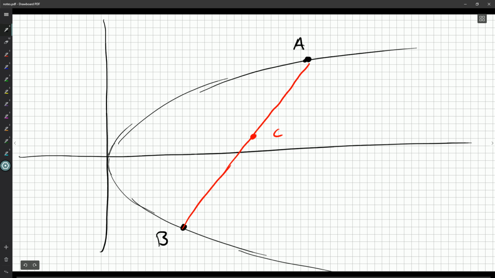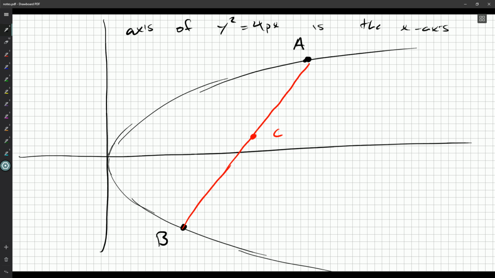Now, one of the nice things, and we should probably note this, the axis of y squared equals 4px is the x-axis. Okay? I would say it's clear. You can draw a picture, and that would be a good observation of it. Another way to see that is, well, the axis is what divides the parabola in half.